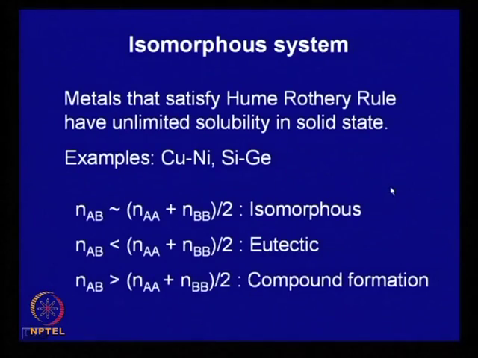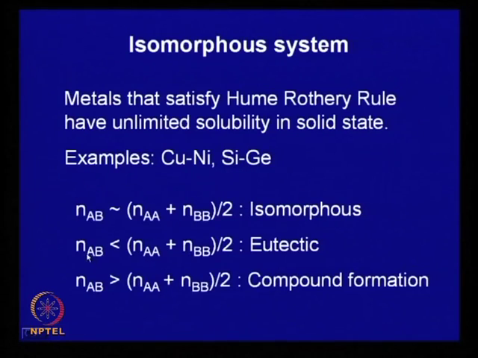The condition for an isomorphous system is that the number of AB bonds will be equal to the average of NAA plus NBB over 2. So this will exactly match the atom fractions, that is, the number of AB type bonds is given exactly by the composition of the alloy.